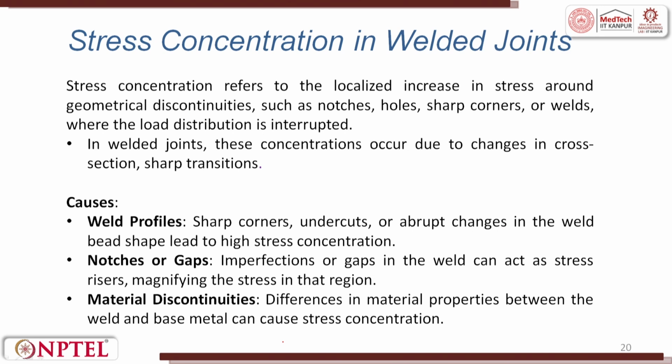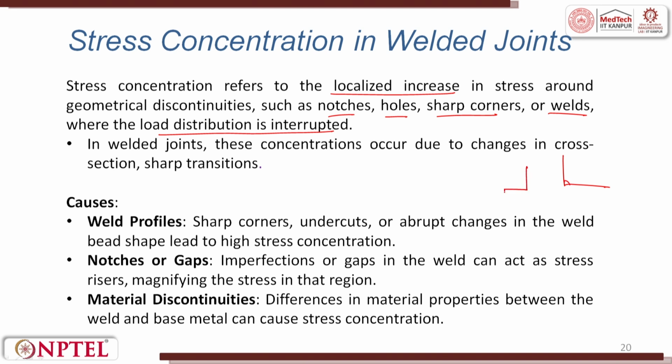Next is stress concentration in welded joints. Stress concentration refers to the localized increase in stress around geometrical discontinuities such as notches, holes, sharp corners or welds where the load distribution is interrupted. There could be material where corners are there.